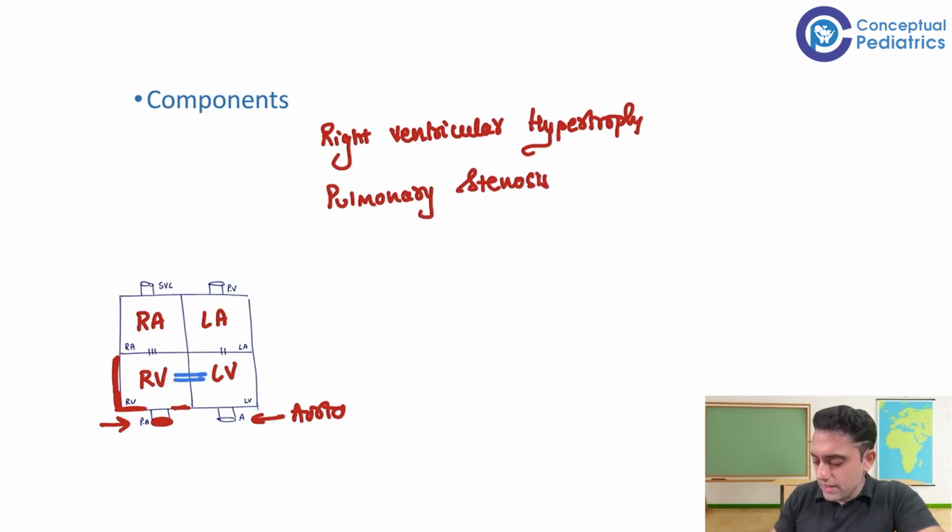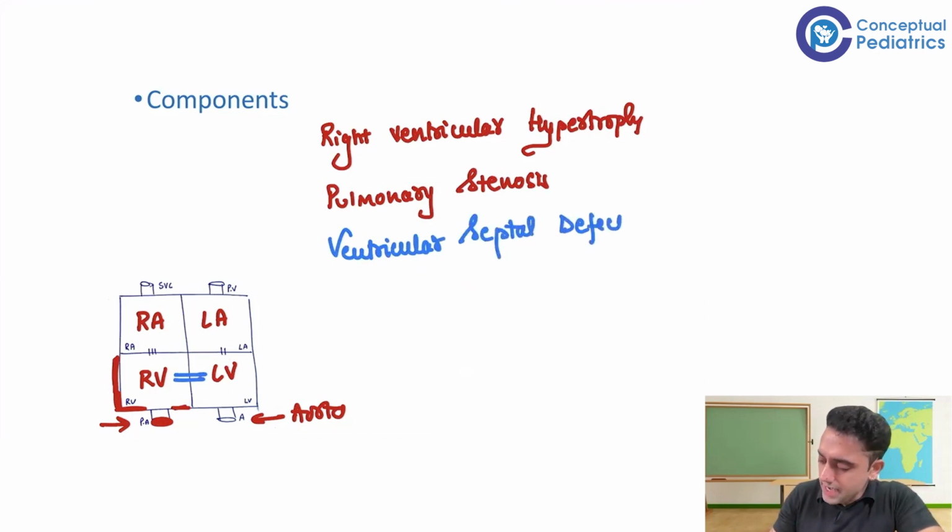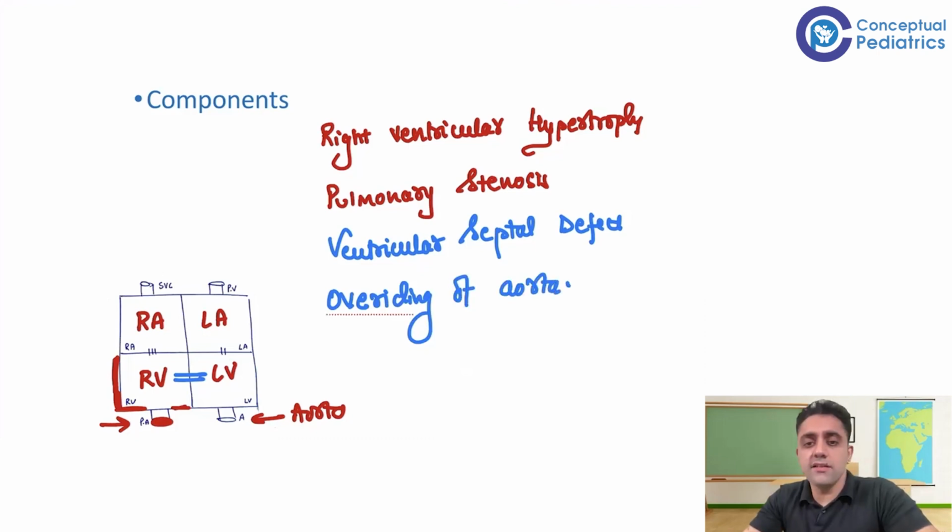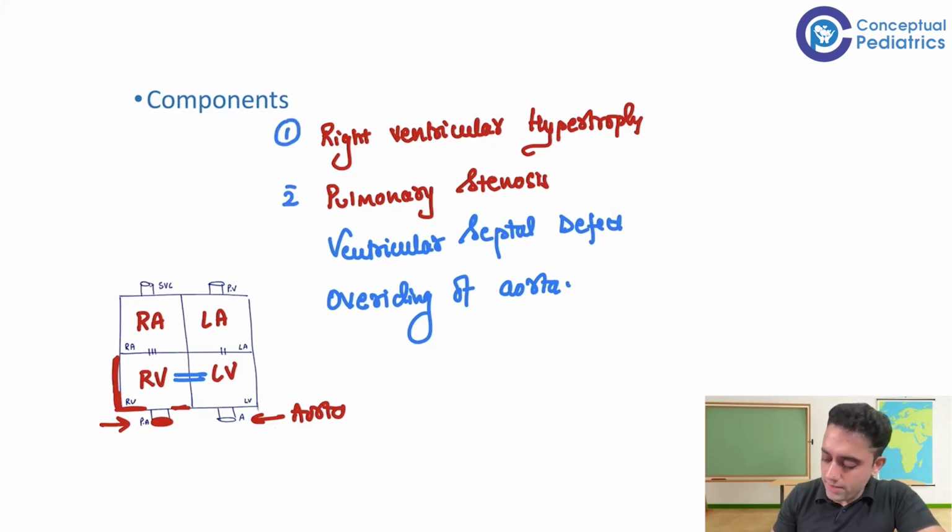The patient will have a ventricular septal defect, and the patient will have overriding of aorta. So these are the four problems in tetralogy of Fallot: right ventricular hypertrophy, pulmonary stenosis, ventricular septal defect, and overriding of aorta.